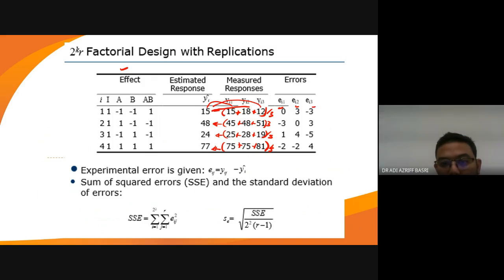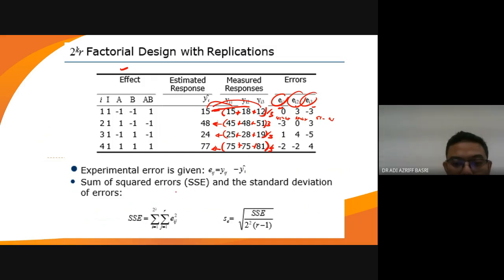Same like this, 45 minus 45, this one for the one, 45 minus 48, you get negative 3. 48 minus 48 gets 0. And 51 minus 48, you get 3. So this is how to calculate the error of A11, A12, and A13.